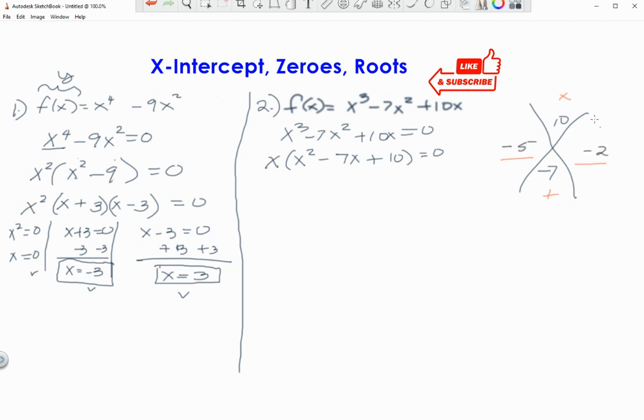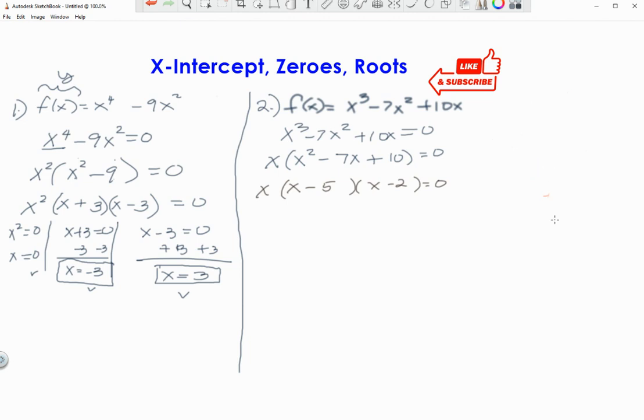Negative 5 times negative 2, you have a 10. Negative 5 plus negative 2, you have a negative 7. So those are the two factors. You bring down this x, and then this big parenthesis will be factored into x minus 5 and x minus 2. So those are your factors.